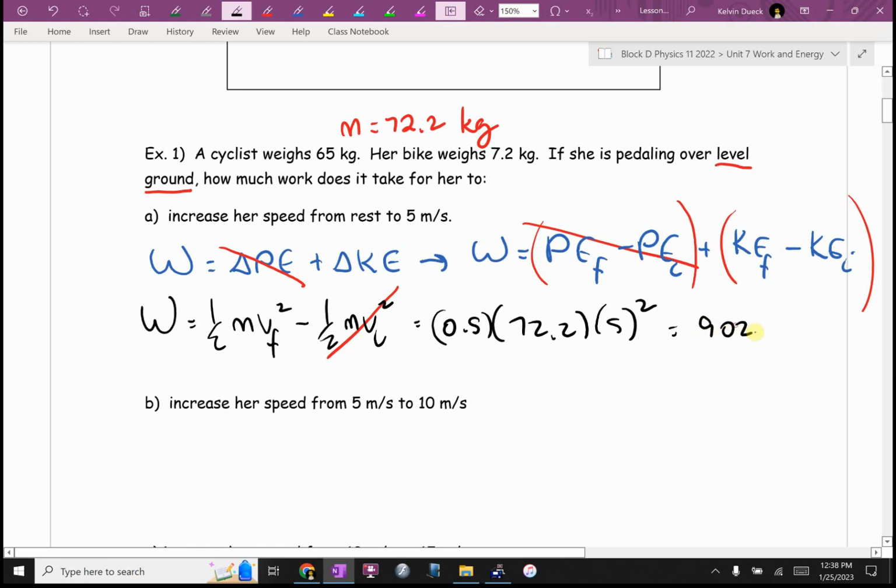Units? Nope, that would be momentum. By the way, the most common unit mistake is because it's a W here, people are tempted to go with watts, and because they're kind of related, it's work over time. Don't do that. Okay.